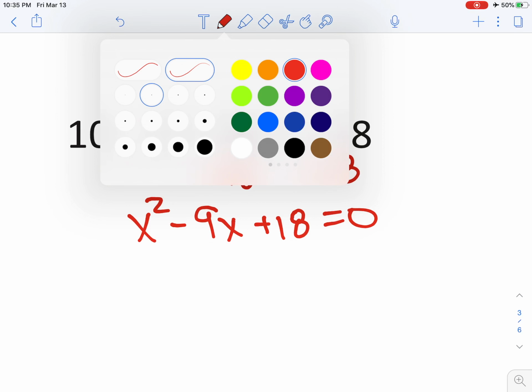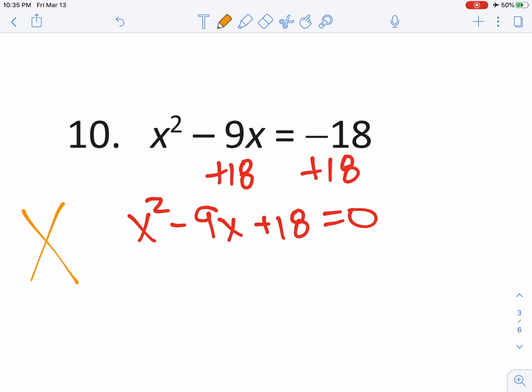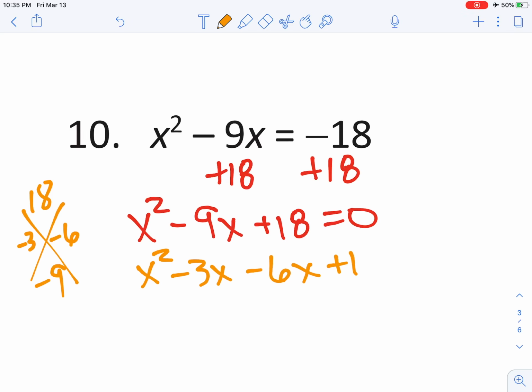Now it's just like all the problems we've already done. So I do a little x method, 18 and negative 9. So hopefully by now you like the one 18, sorry. So you have negative 3 and negative 6. So x squared minus 3x minus 6x plus 18 equals 0.